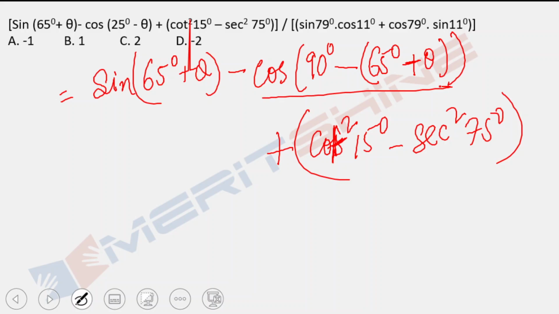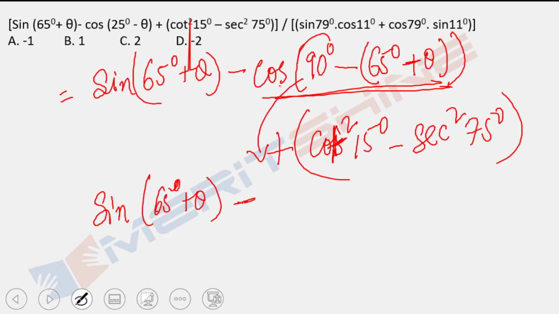So this can be changed to what? Cos of 90 degrees minus a form, so this becomes sine. Does the sign change? No, it is in the first quadrant, so all positive. So this becomes sin of 65 degrees plus theta, and this part becomes minus sin of 65 degrees plus theta, right?